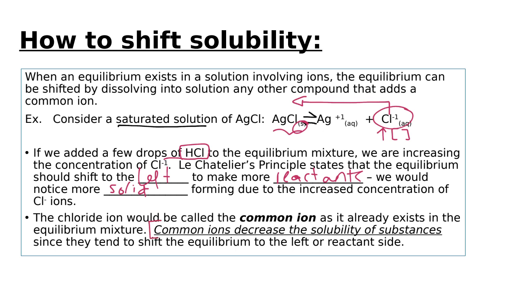The big message for you to take home is this italicized phrase right here: common ions decrease the solubility of substances. So even though we know at 25 degrees C, a certain amount of silver ions and chloride ions can dissolve from silver chloride, if there is a common ion, Le Chatelier's principle says that the equilibrium will shift to the opposite side, and you will always decrease the solubility of those ions.